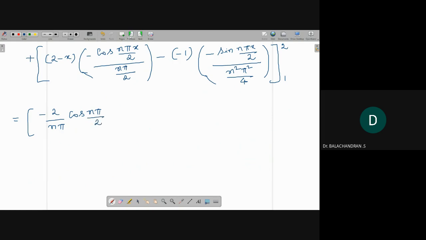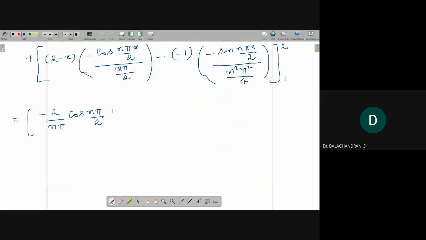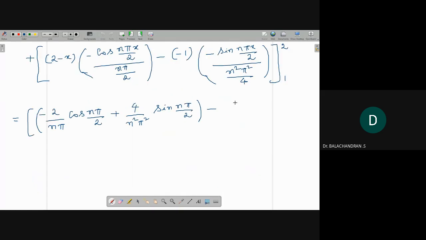Okay, and then minus of minus plus 4 by n square pi square into sin(n pi by 2). So actually this is the upper limit minus the lower limit. When x is equal to 0, cos is 0. When x is equal to 0, sin 0 is 0. So 0 minus 0.